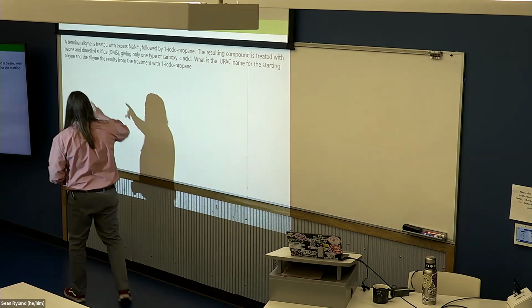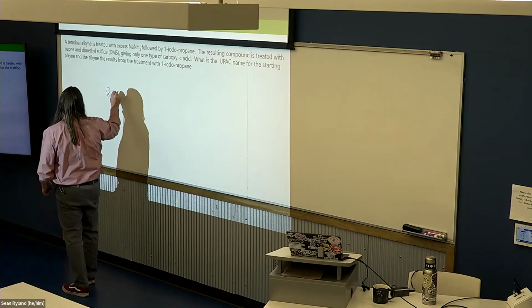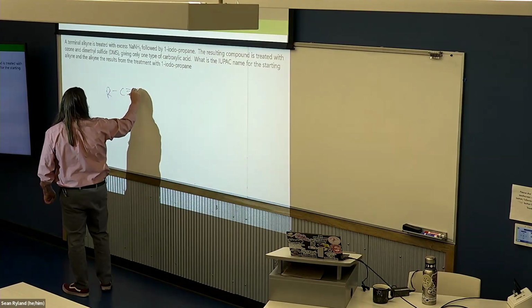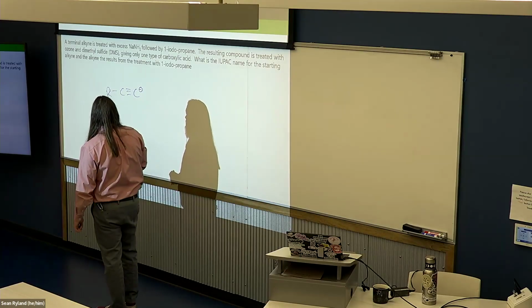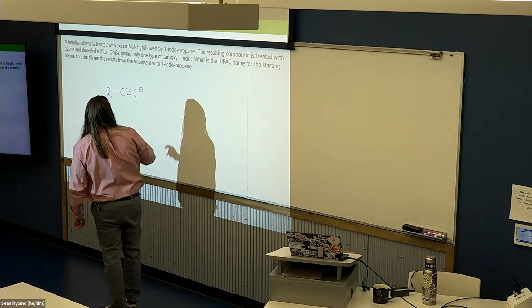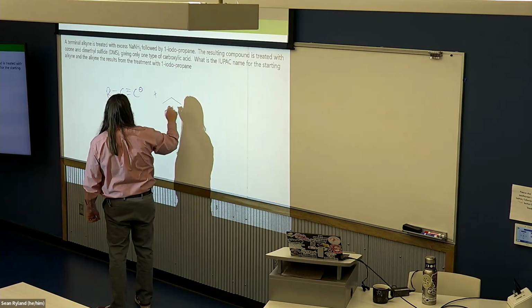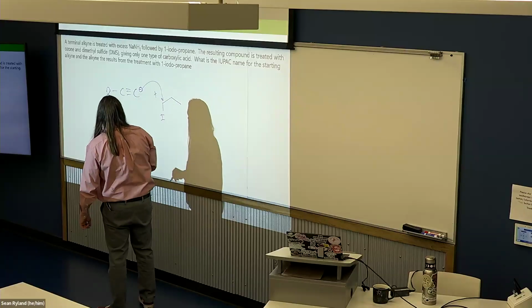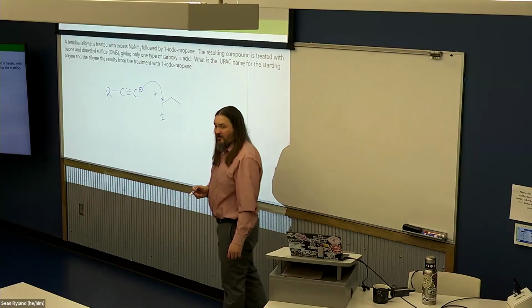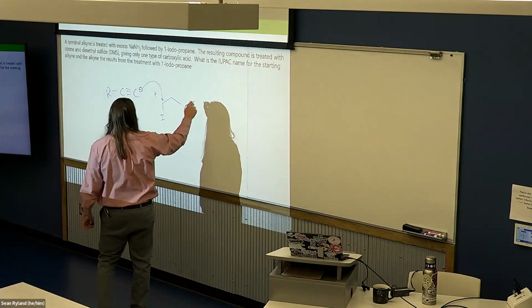So the easiest thing to do is just write it out. It says a terminal alkyne, so we know we've got R, and we treat it with excess NaNH2, and then react it with 1-iodopropane.